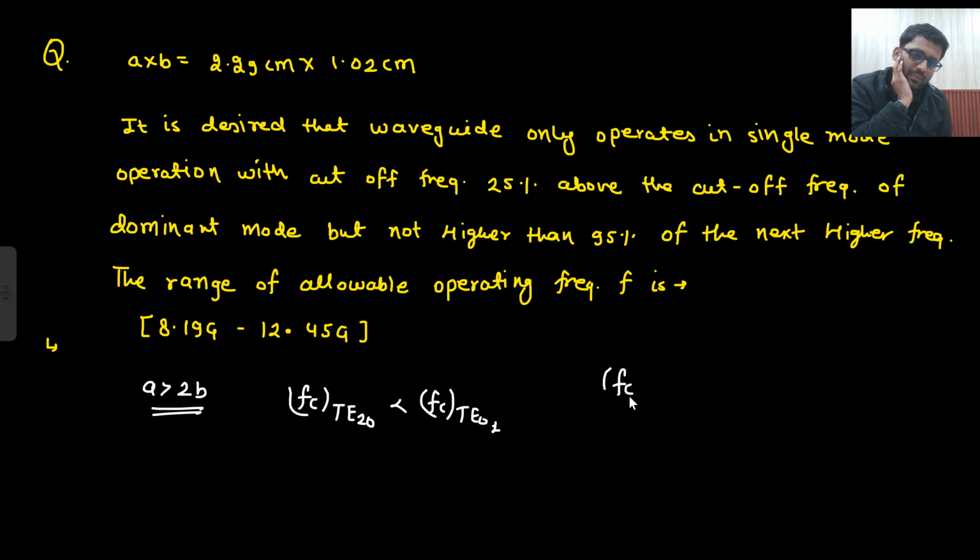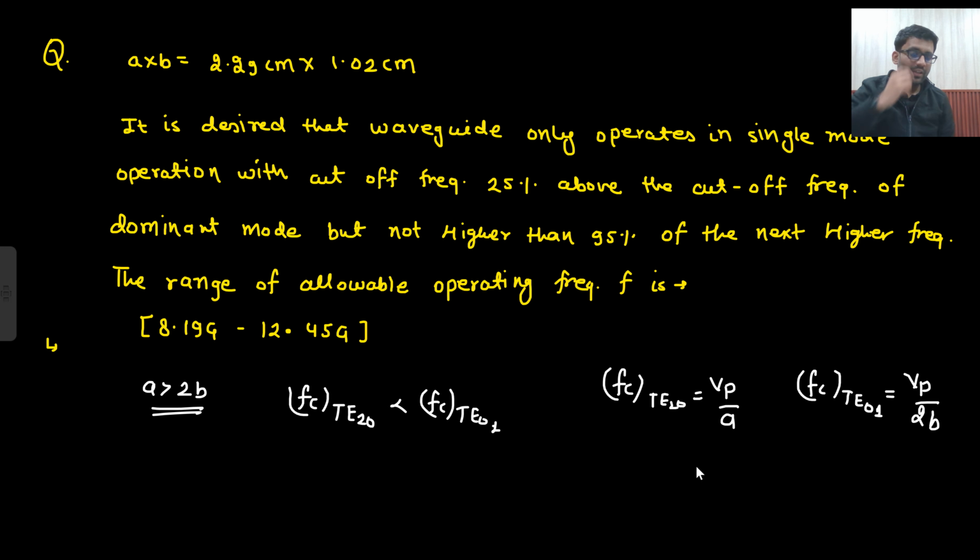Why is that so? Because fc of TE20 is equal to Vp by A and fc of TE01 is equal to Vp by 2B. So if A is greater than 2B, then this value will be less. So lowest is fc of TE10, there is no doubt about that.